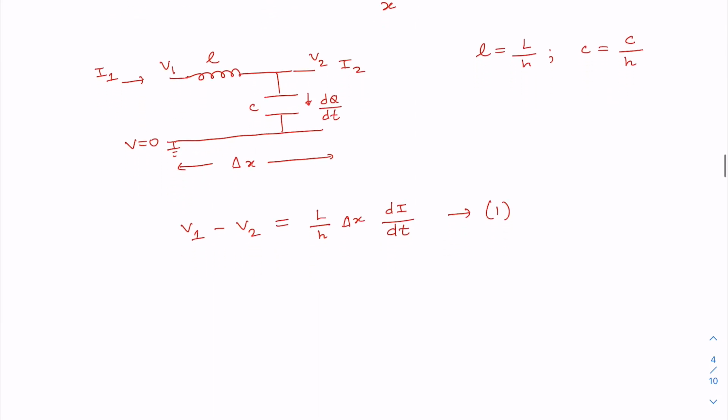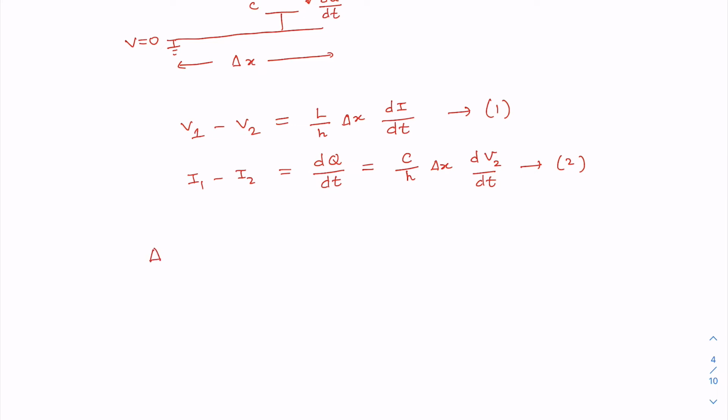On the other hand, the difference in the current is I1 minus I2, that is across the capacitance. We have dq/dt, and we know that Q is equal to CV. C is the capacitance, so the total capacitance would be C per unit length times delta x, and here we have dV2/dt. So let us say this is equation number 2.